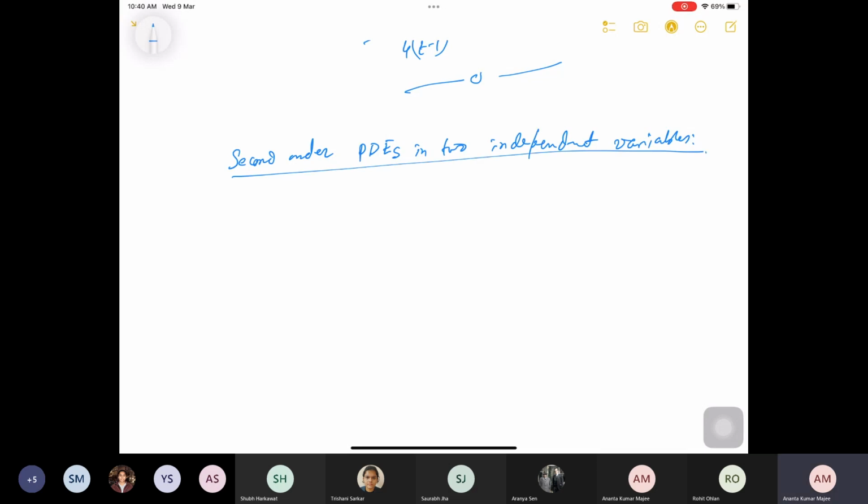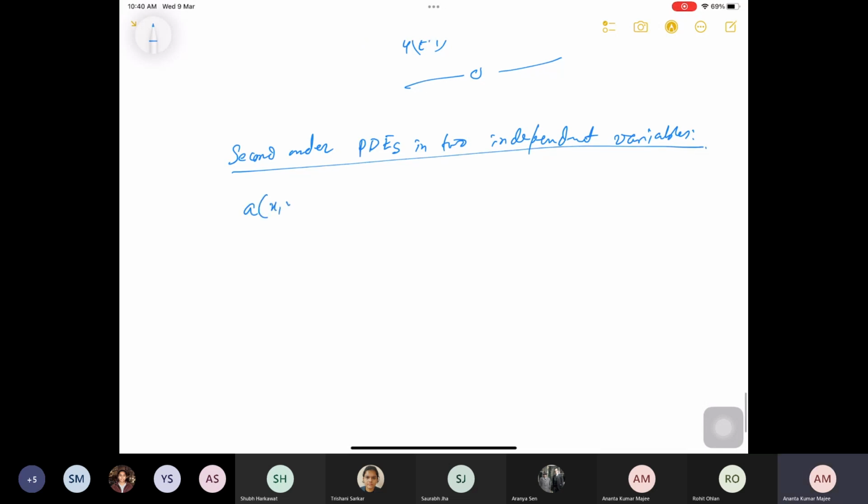So basically it looks in this form: a(x, y, u, ux, uy) uxx, plus maybe I put 2b, again b is a function of x, y, u, ux, uy, of uxy, plus c, again a function of x, y, u, ux, uy, of uyy.